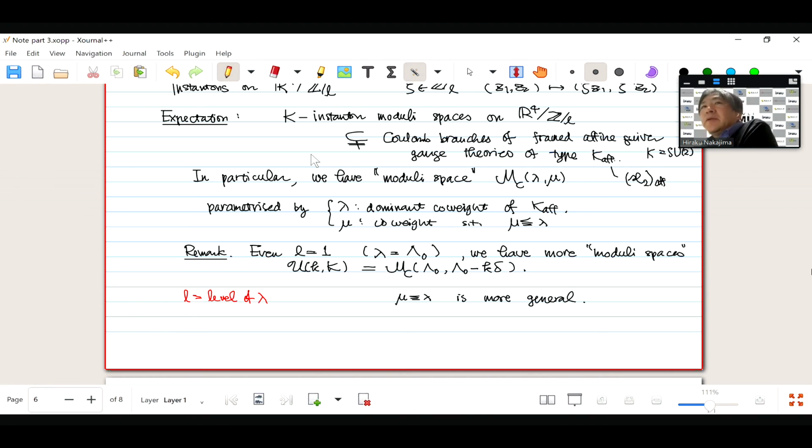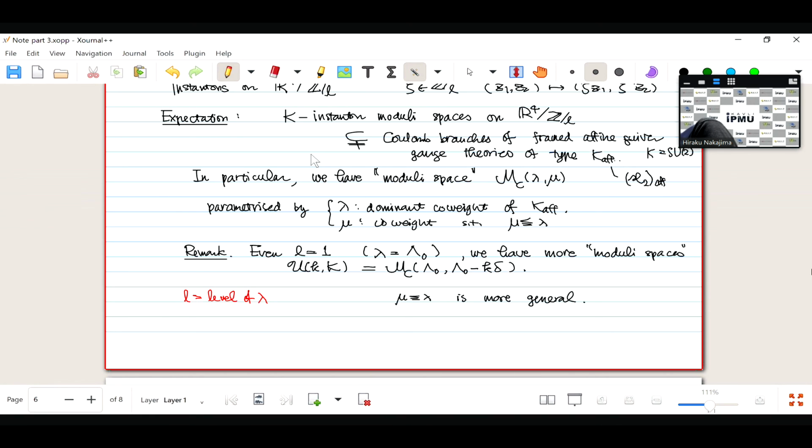For the finite type case, this quantization of the Coulomb branch is a truncated shifted Yangian, and in type A this is a finite W-algebra.